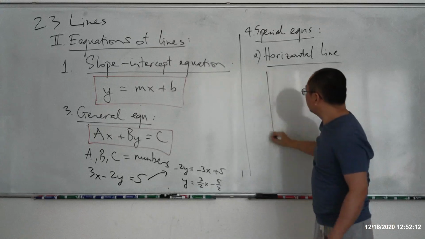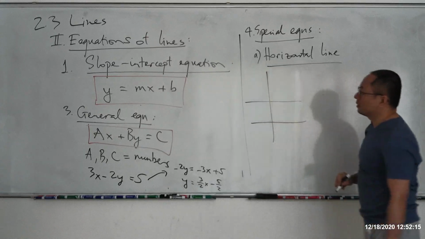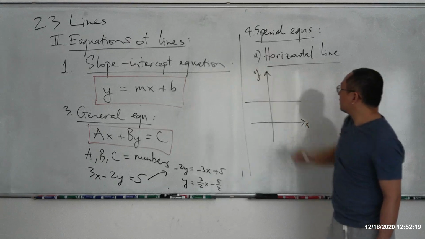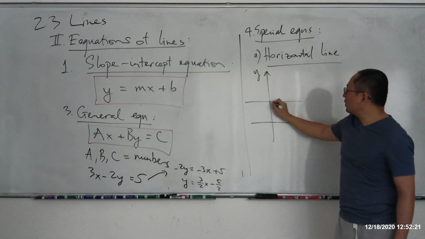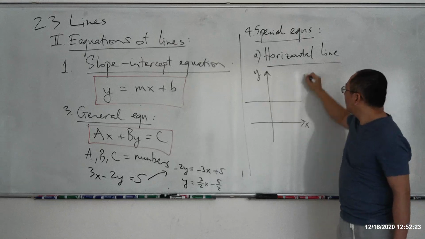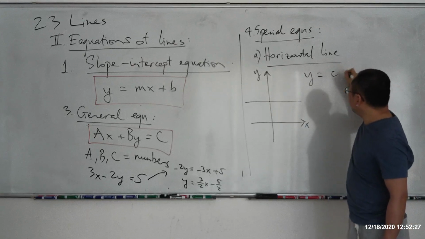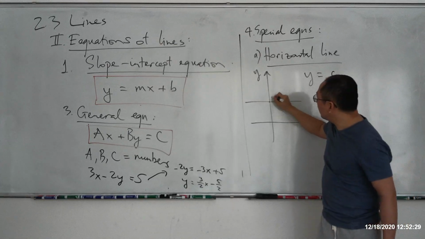Okay. A line like this is a horizontal line. X-axis, y-axis. Okay. And the equation for a horizontal line is y equal to a constant, say constant c. C stands for constant. Okay, so c is right here.